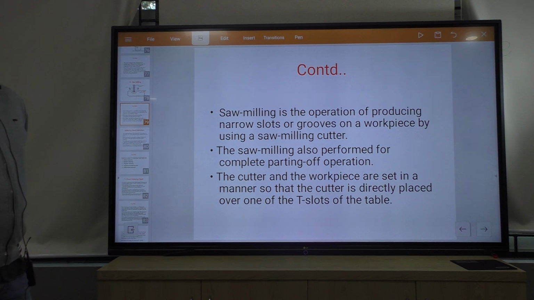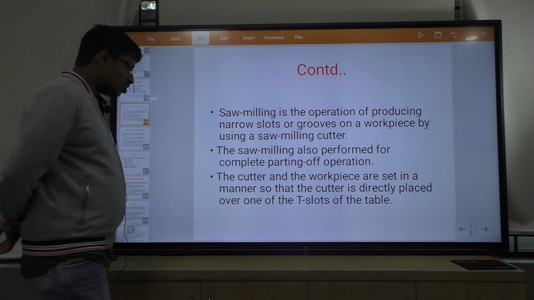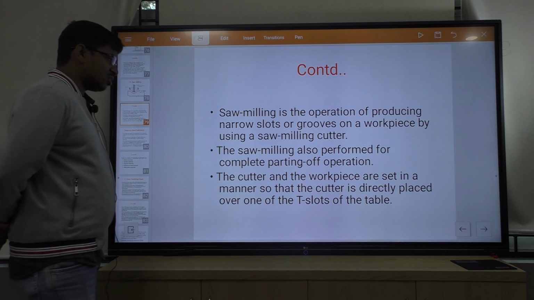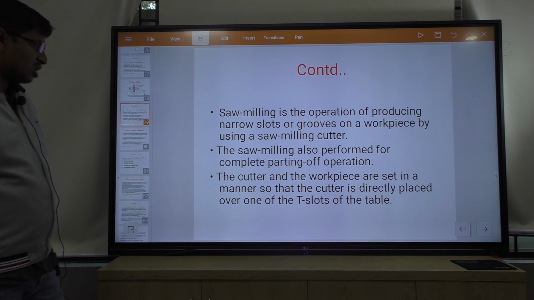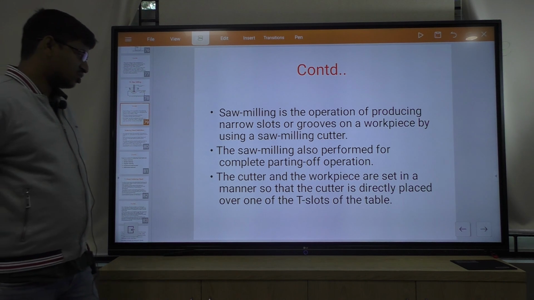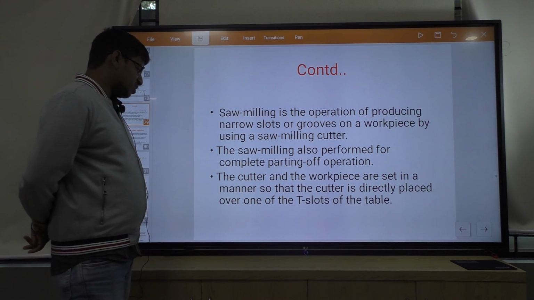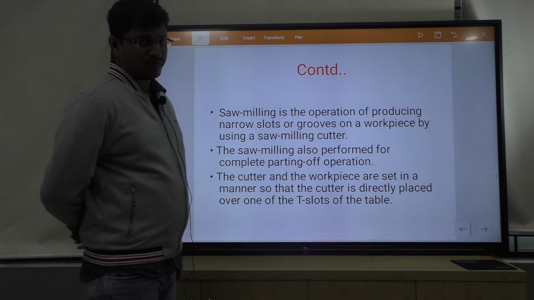The saw milling also performs complete parting off operations. The cutter and the workpiece are set in a manner so that the cutter is directly placed over one of the T slots of the table.